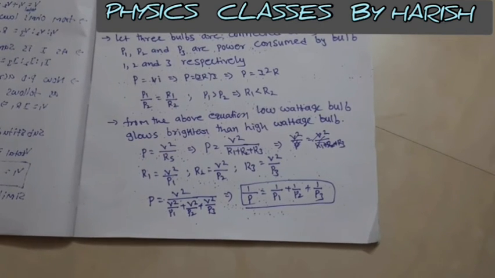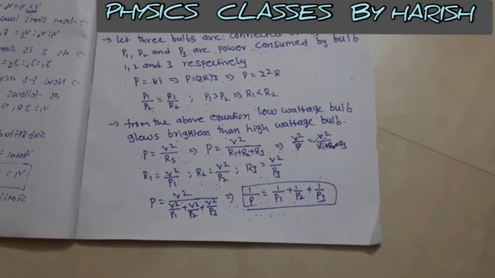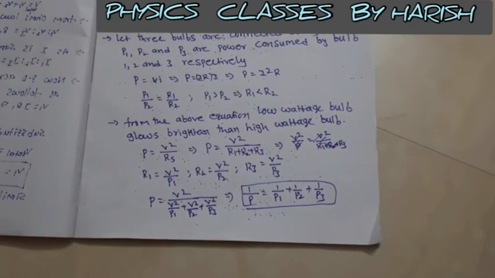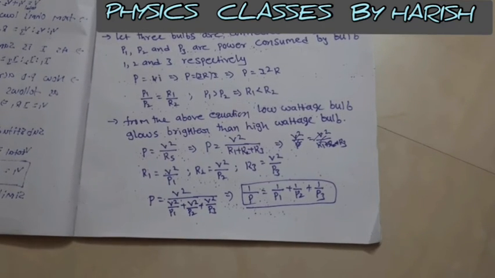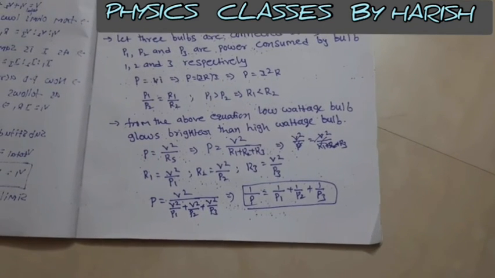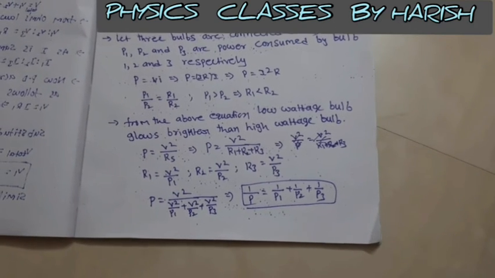By substituting that, P is equal to V square divided by Rs, which is R1 plus R2 plus R3. We substitute the R1, R2, R3 that we wrote. So 1 by P is equal to 1 by P1 plus 1 by P2 plus 1 by P3.